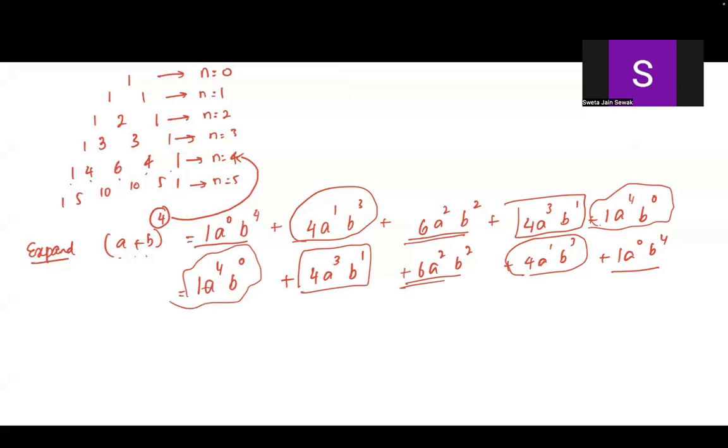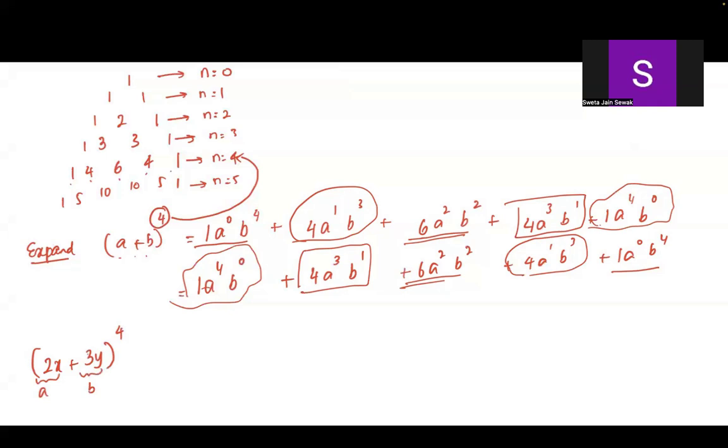Now let's say instead of a and b, I had some other terms given to you. Let's say 2x plus 3y to the power of 4. So now this whole thing is my A and this whole thing is my B. So A is 2x and B is 3y.